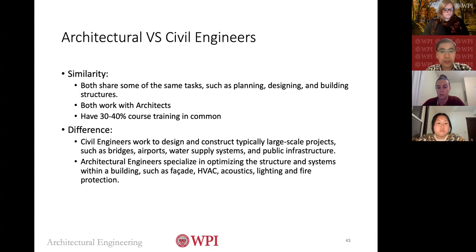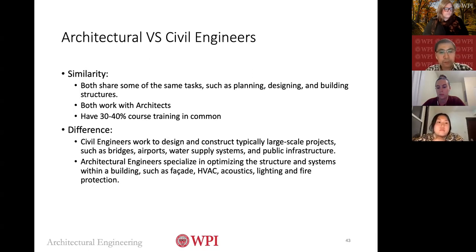For architectural engineers, we look at buildings, both residential buildings like houses and commercial buildings, could be a hospital, a school or library, or even a skyscraper. So that's the major difference.